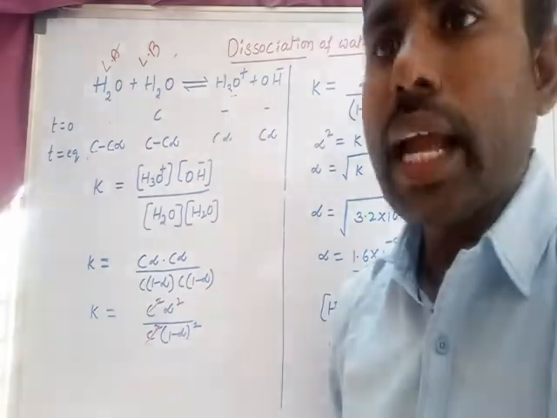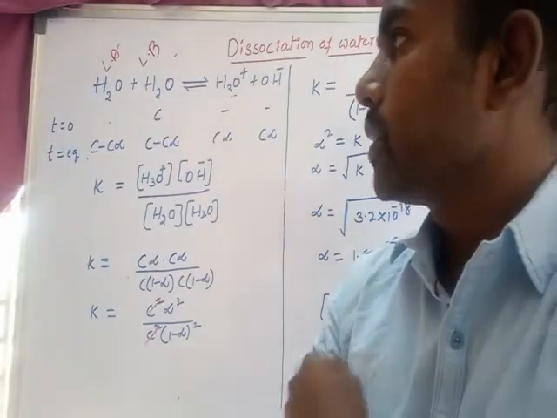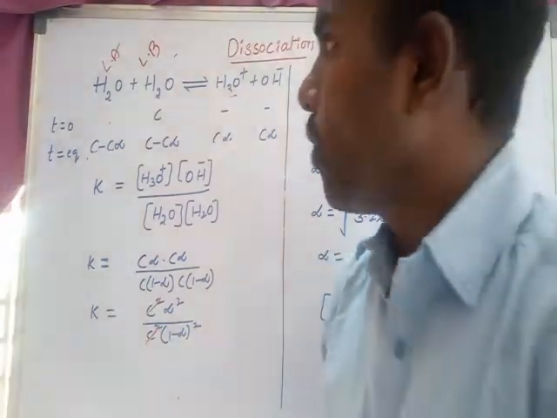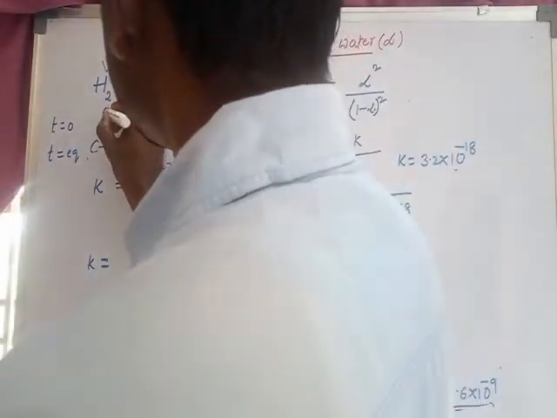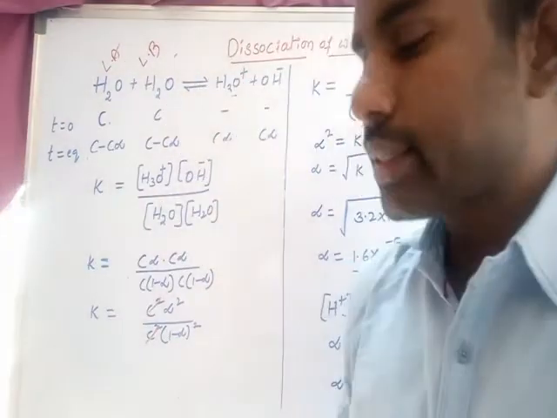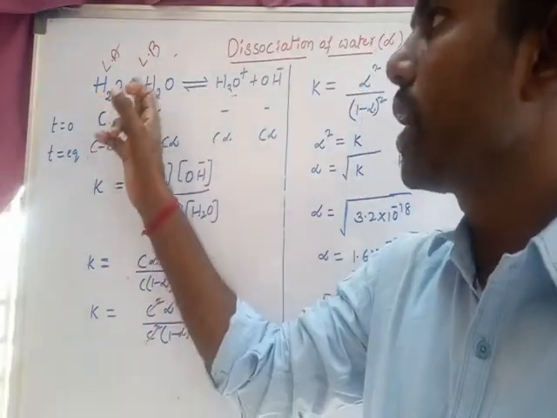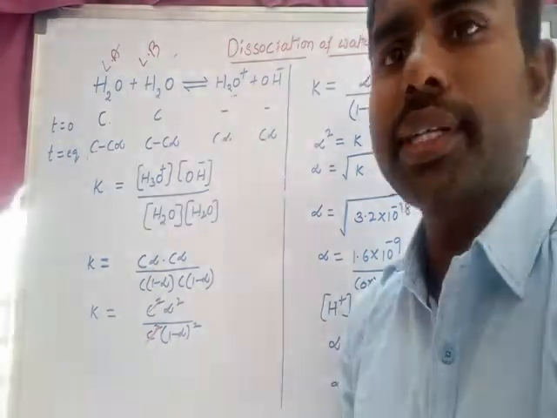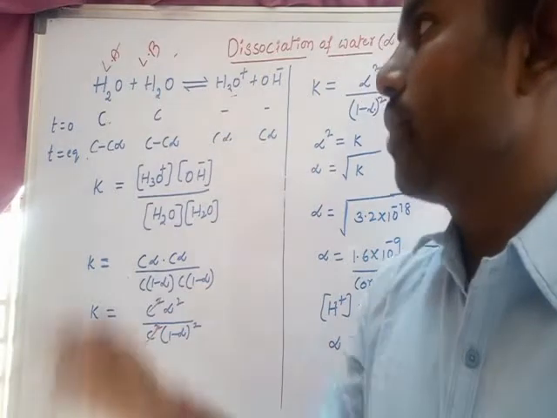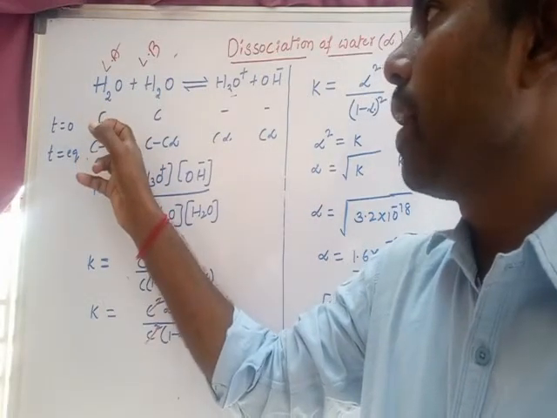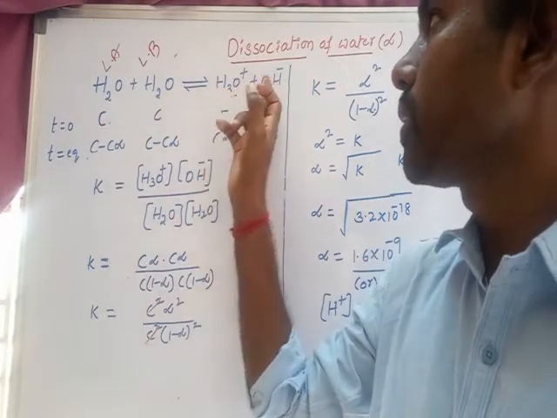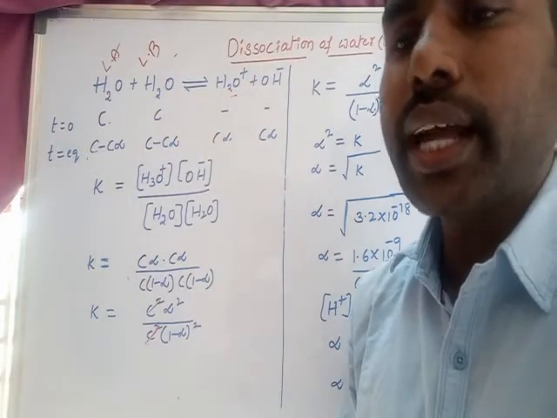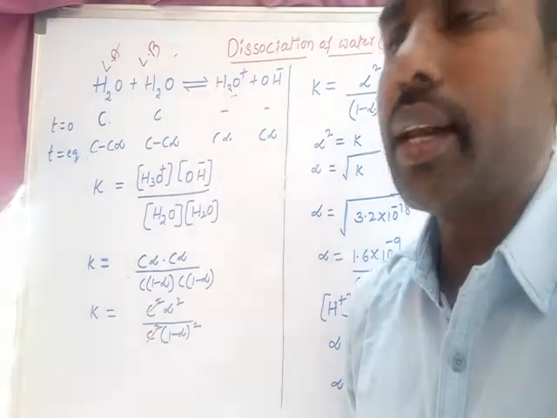For example, at t equal to 0, I take the concentration of water as C. At t equal to 0 the concentration of water is 100%, because the reaction has not started. That's why I have taken C. The concentration of H3O+ and OH- ions is 0, which means the dissociation has not started in the vessel.